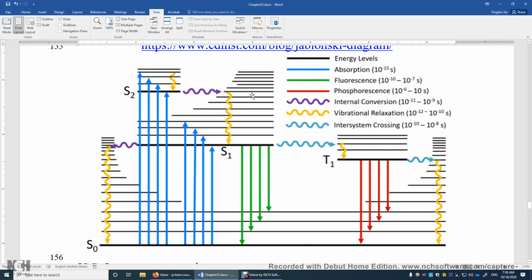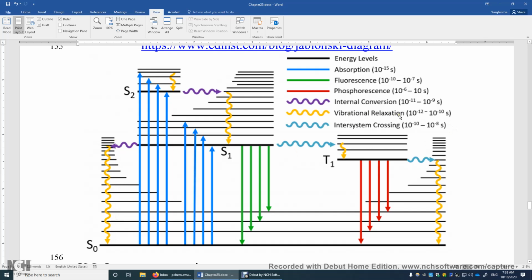So both vibrational and electronic energy levels change. Same here. So this is the ground vibrational energy level. This is a highly excited vibrational energy level. So you are losing the electronic energy, and you're giving this energy to the vibration of the nuclei.